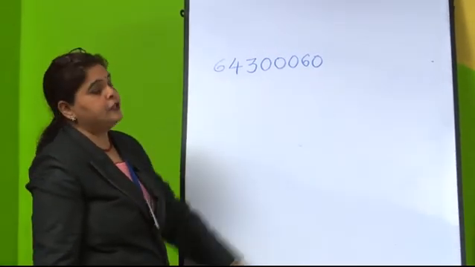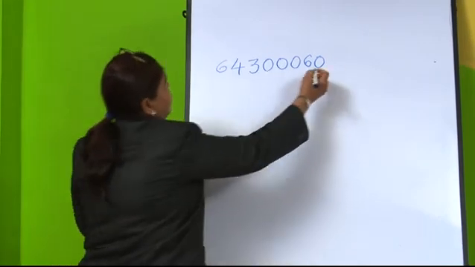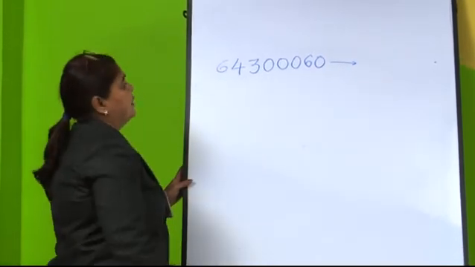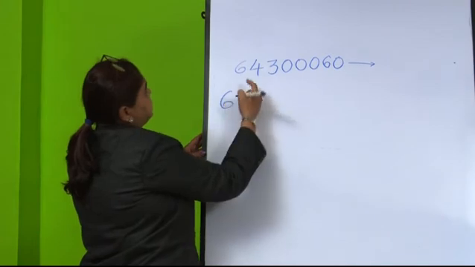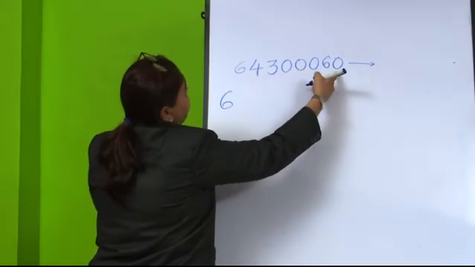Here we have to write the expanded form first. So, what will be the expanded form of this? Yes, we write here 6, 1, 2, 3, 4, 5, 6 and 7.